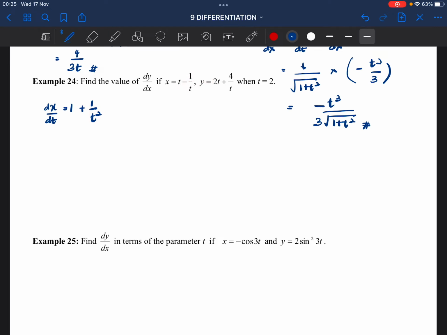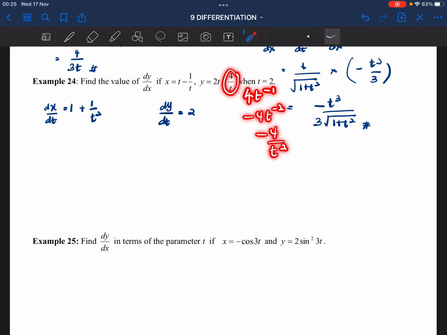And then our dy over dt, differentiate y with respect to t. So here we should have 2, and 4 over t means we have negative 4 t to the power negative 2. Right, so that should be negative 4 over t square. Right, so minus 4 over t square.